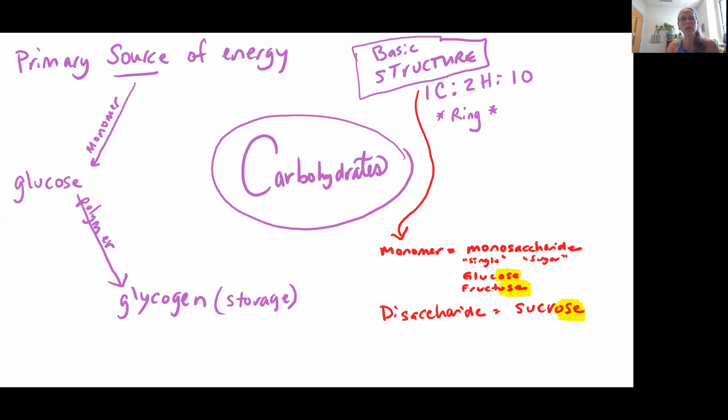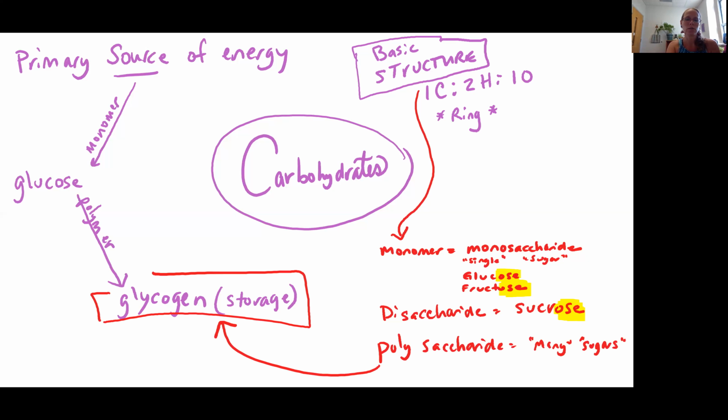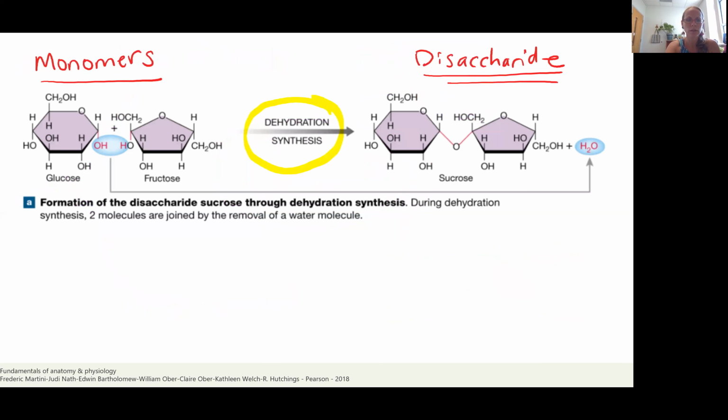So how would you actually combine monosaccharides into a disaccharide? Let's take a look at that reaction. Oh, well, I jumped ahead. So let me jump ahead and come back, okay? So I liked my transition. So here we go. This is our picture of how we're going to take two monomers. So here's glucose and fructose, and then perform dehydration synthesis in order to make sucrose, which is our disaccharide here.